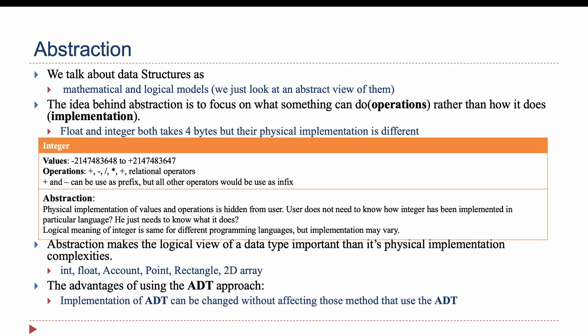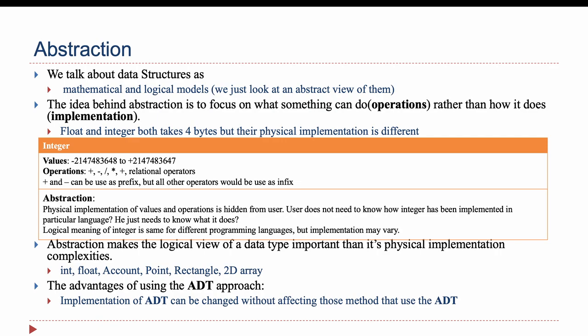In the case of data structures, this means focusing on the operations that a data structure can perform rather than the specific implementation details. For example, consider the data types int and float. Both of these data types take up 4 bytes of memory, but their physical implementation is different.